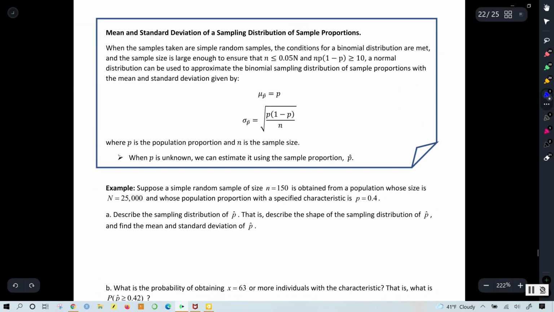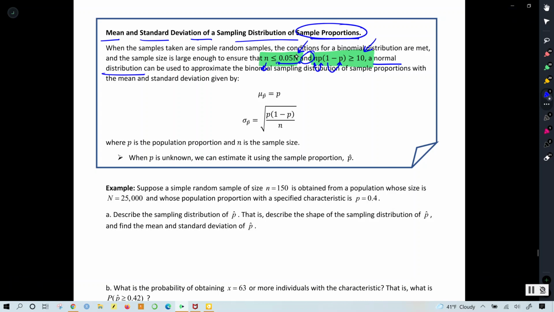Let's move on to the next page. This is a formal definition of the reality or of the distribution of the sample proportions. In particular, without wasting your time, as long as these highlighted conditions are met, the sample size is less than or equal to 5% of the entire population, and N, the sample size times the population proportion times 1 minus the population proportion is at least 10, we can use the normal distribution.